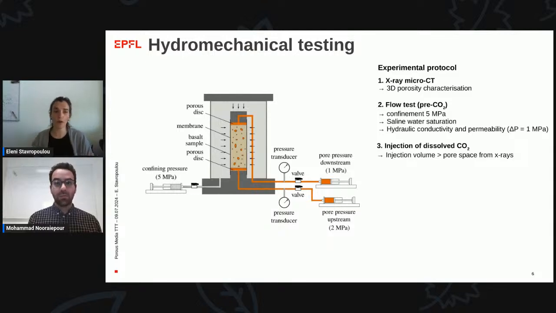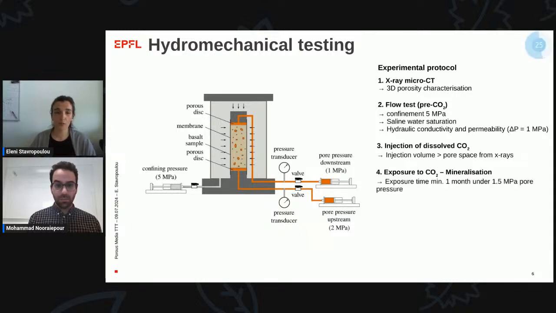We made sure from our porosity measurements to inject at least twice the porosity volume of CO2 dissolved into seawater. And what we did is that we then closed the valves and we let the material interact with the CO2. We targeted a minimum exposure time of 1 month, but as you will see later, we also have tests and results of much longer duration.